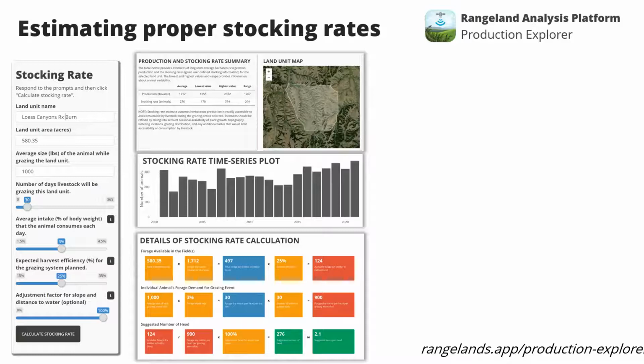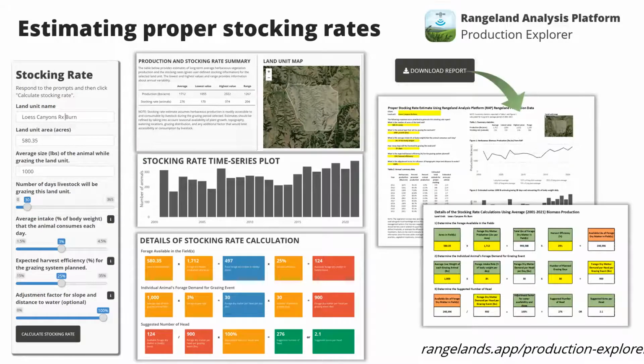And so they can say how long they want livestock to be out on a given land unit, and a bunch of other grazing specific information that they would know how to use, and then to produce this estimate. And then we allow the ability to export that data as a report.